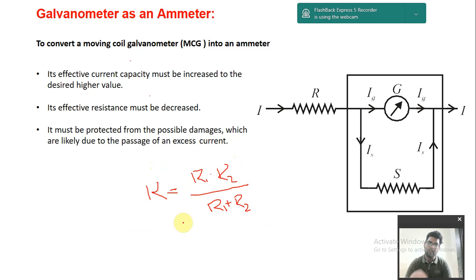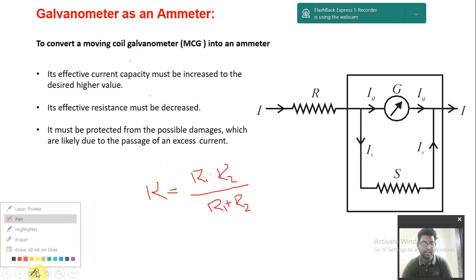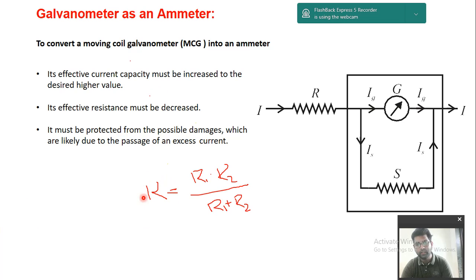So this is why the shunt resistance of least value is connected in parallel, because it will decrease the overall resistance. Generally it is a fraction of the galvanometer resistance. So the value of the shunt resistance will generally be 1/50 or 1/30 of the galvanometer resistance.